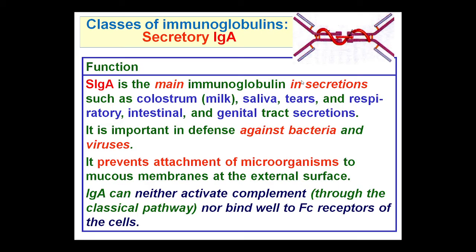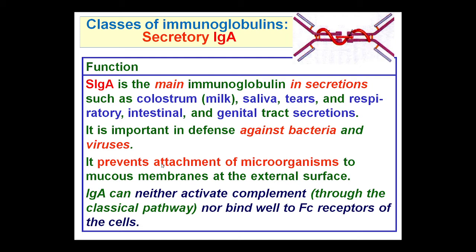Function of secretory immunoglobulin A. This is the main immunoglobulin in secretions. What are secretions? Such as colostrum, milk, saliva, tears, respiratory, intestinal, and genital tract secretions. It's important in the defense against bacteria and viruses.